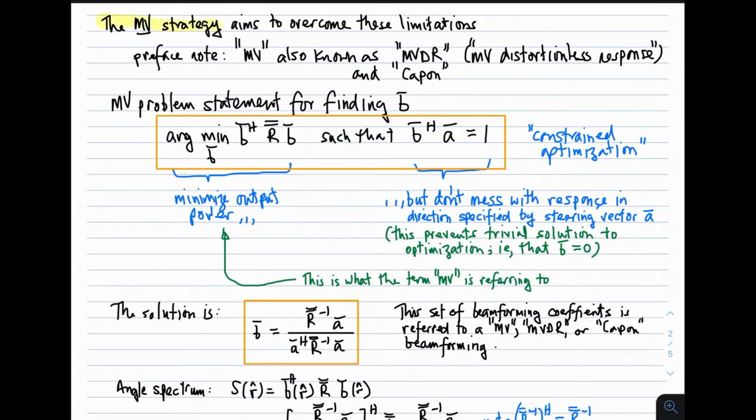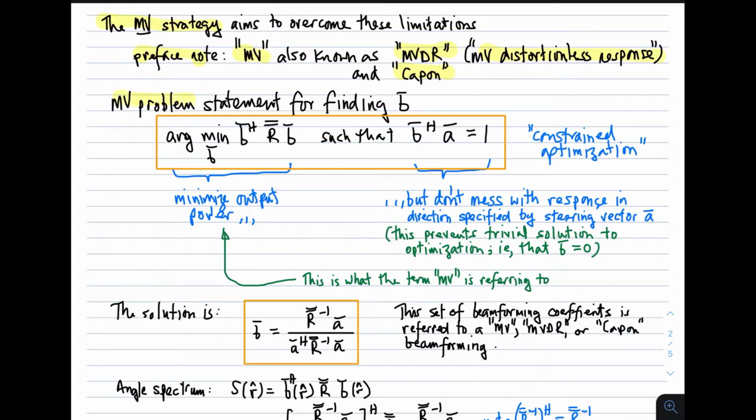The MV strategy aims to overcome these limitations. So, first a preface note, MV is also known as MVDR, standing for Minimum Variance Distortionless Response. In yet other places, you'll see this referred to as Capon or Capon processing. That's a reference to one of the people associated with the early development of MV techniques.